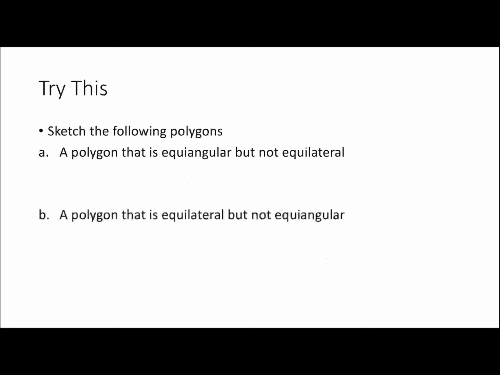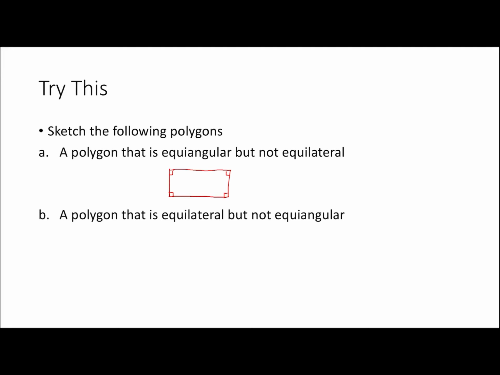So when we think about equiangular but not equilateral, the first thing that comes to my mind is a rectangle. If we were to take a rectangle, we know what a rectangle looks like. In a rectangle, each angle is 90 degrees.